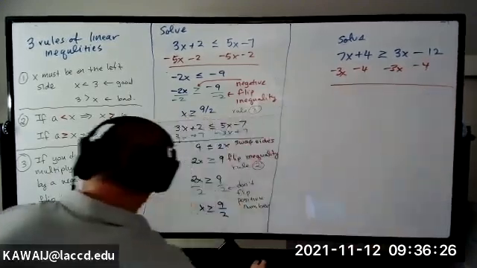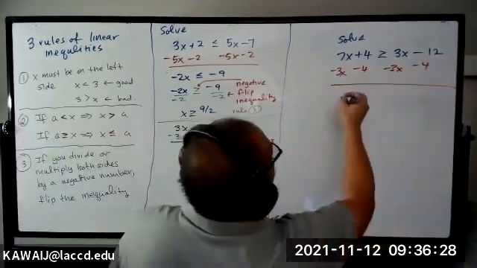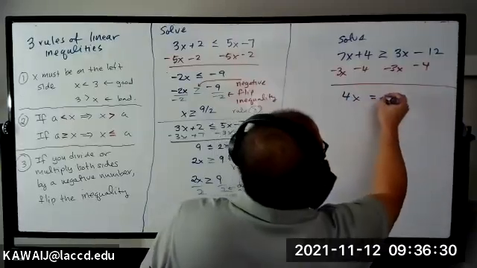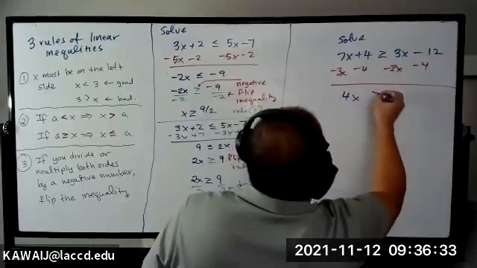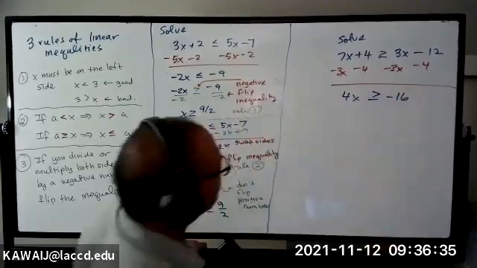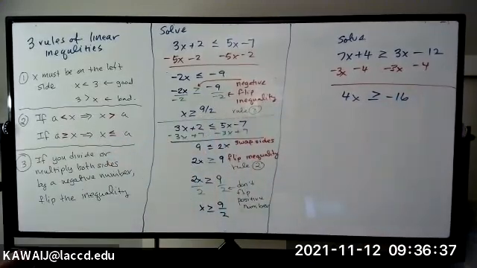Okay, so now I have 4x is greater than or equal to -16. Okay, so go ahead and make that next step.